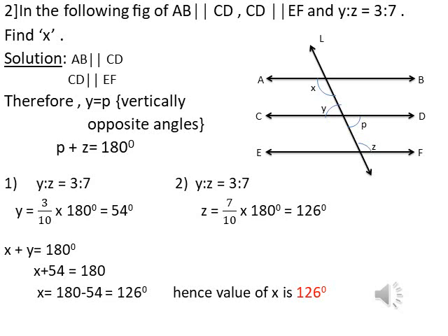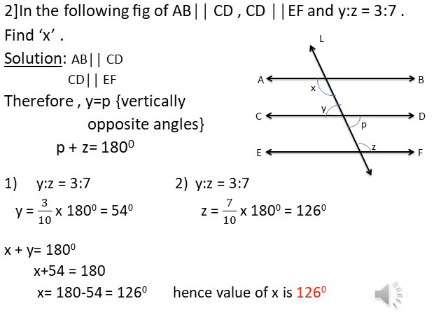Now let's see. Y is to Z is equal to 3 is to 7. So Y is getting 3 parts out of 10, because if we add 3 and 7, the total parts are 10. So 3 upon 10 multiplied by 180, because together both of them get 180.